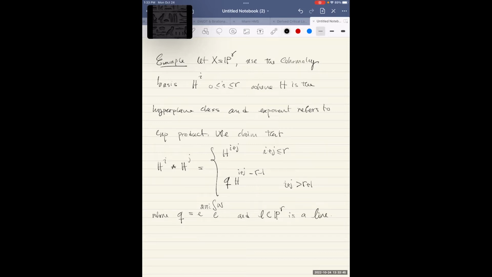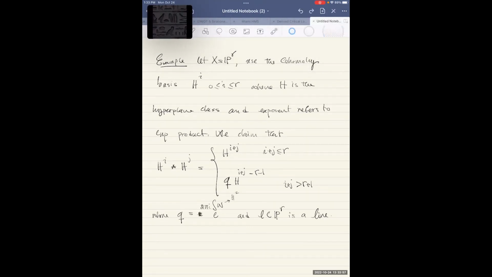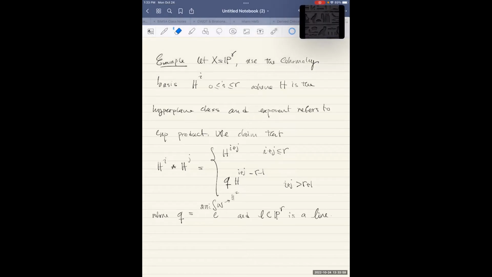So this is an element of H^2, and okay, e to the, so I don't like this, let's make it a small e to the whole thing. All right. Okay, so here's the proof, how you prove this statement.